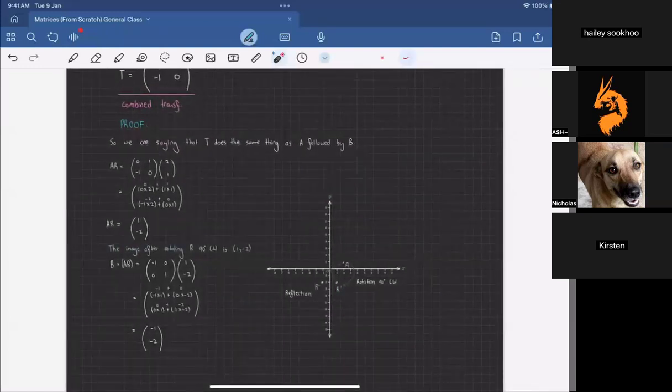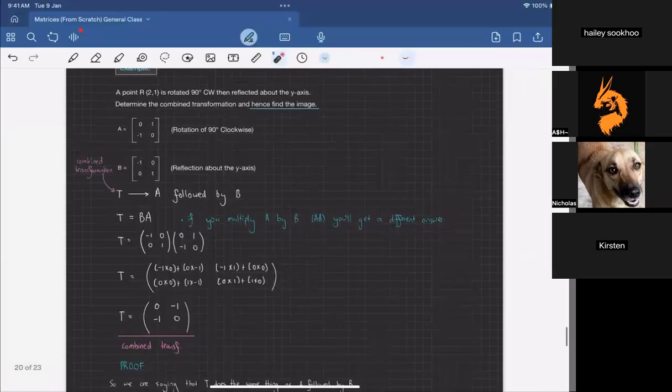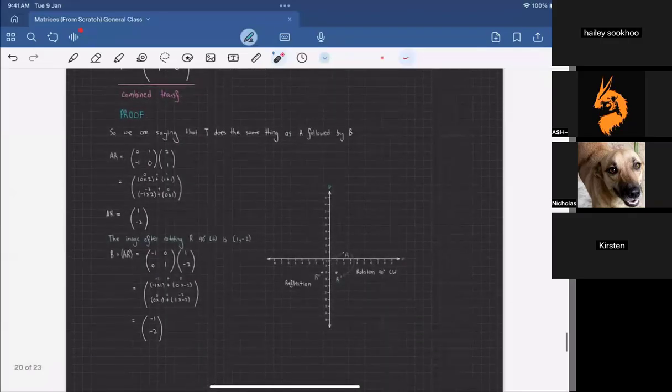The combined transformation is the same thing as multiplying R by this, then multiplying it by this. So again, the combined transformation is rotating this 90 degrees clockwise and then reflecting it. It's doing it in one shot. So in the proof, I showed you what that would look like if you were to do it stepwise.